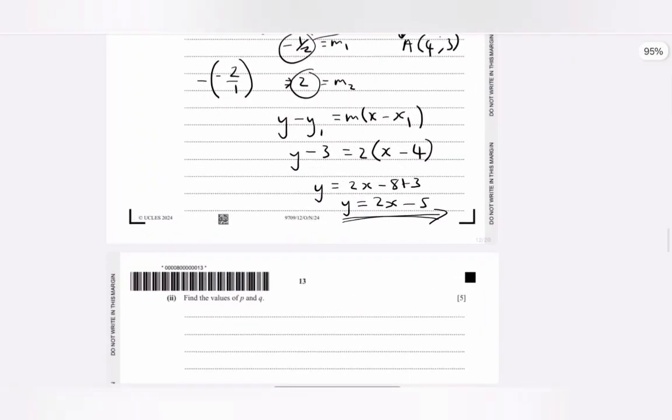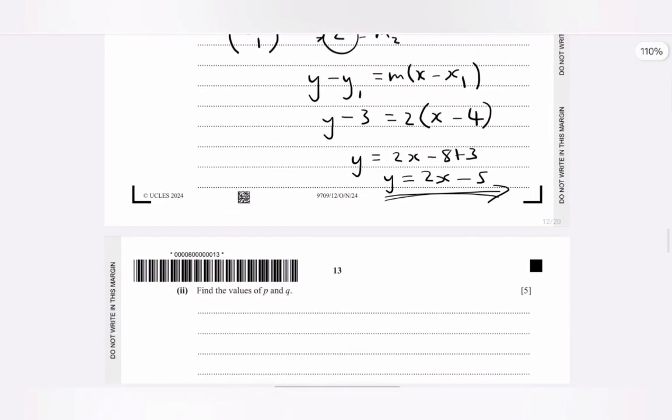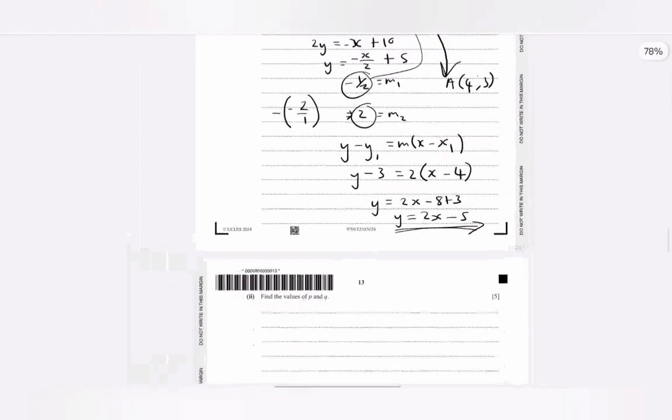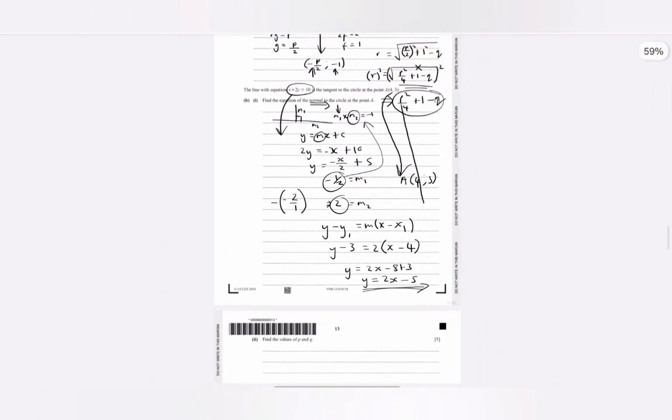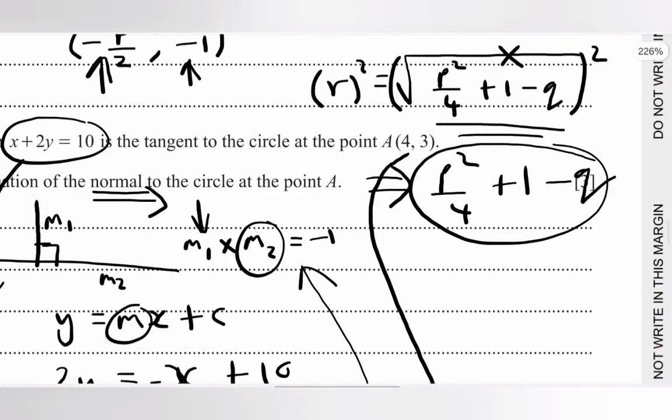Then for B part 2, it says find the values of p and q for 5 marks. So we're now being asked to find the values of p and q.